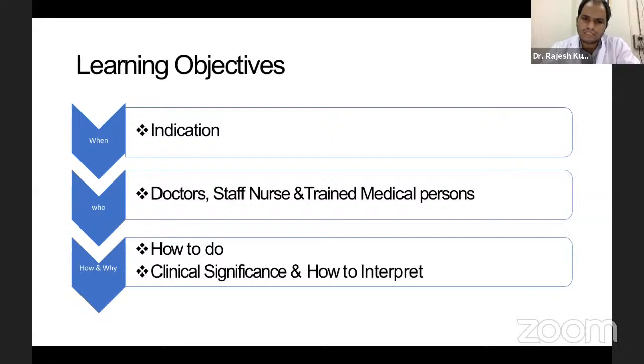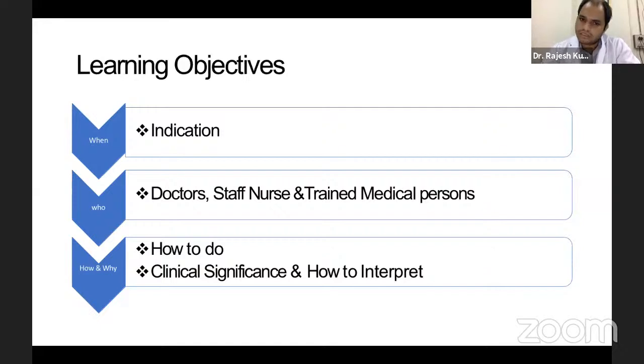It is an invasive method of point of care testing by which you can assess the respiratory status, the metabolic status, and the electrolytes of that patient.